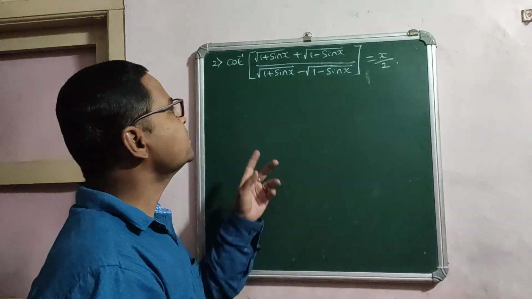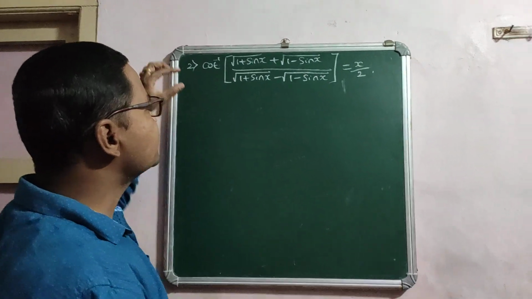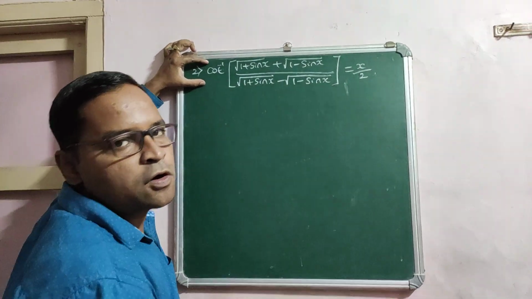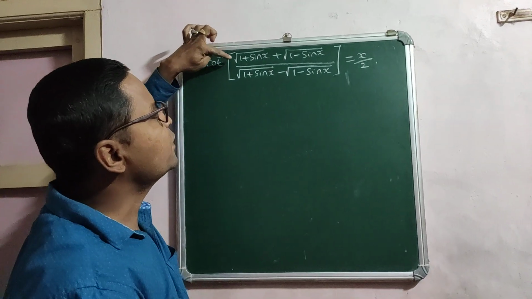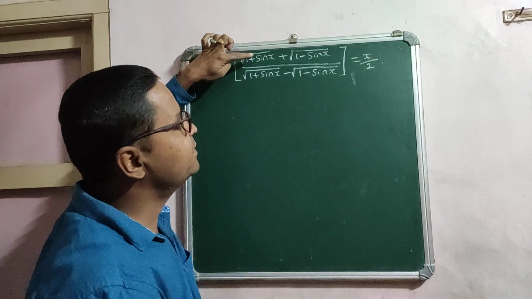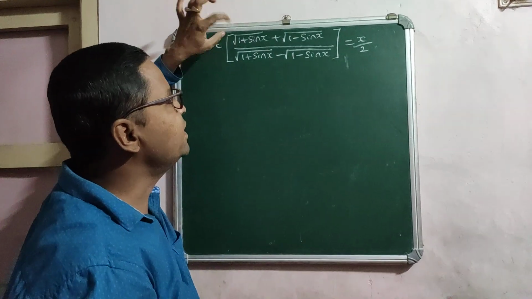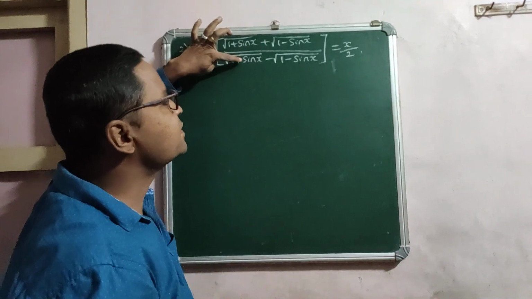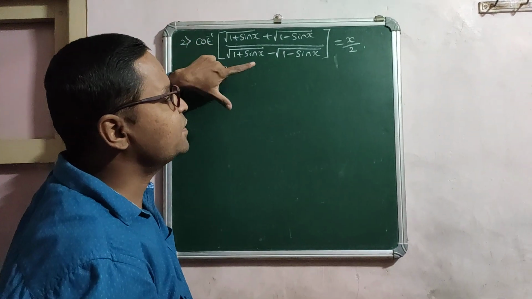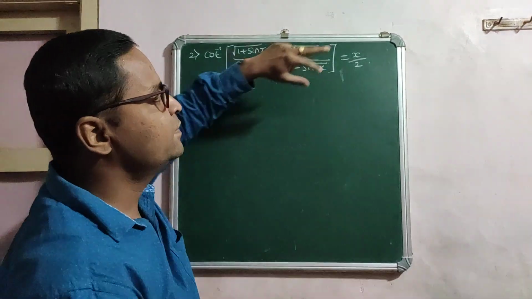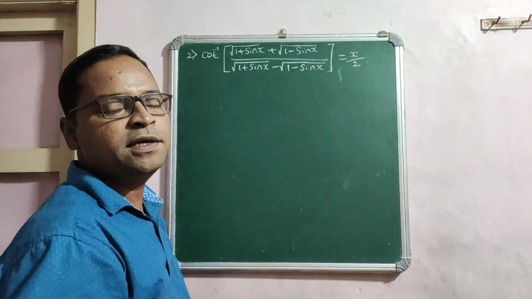Now, let us observe this problem. The question is: prove that cot inverse of (square root of 1 plus sin x plus square root of 1 minus sin x) divided by (square root of 1 plus sin x minus square root of 1 minus sin x) is equal to x divided by 2.